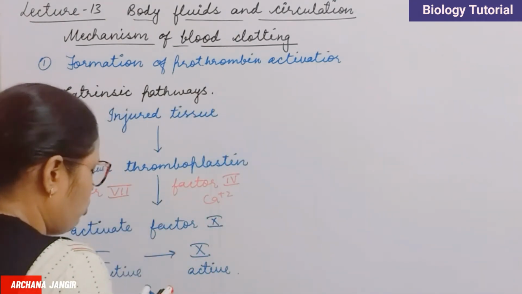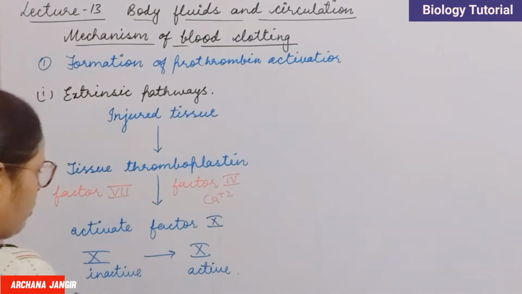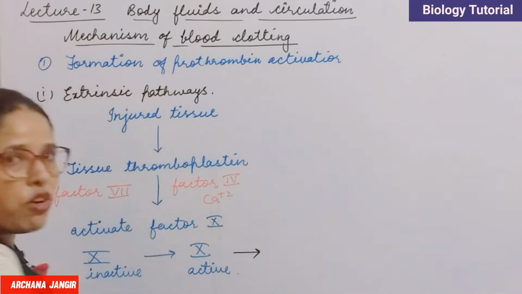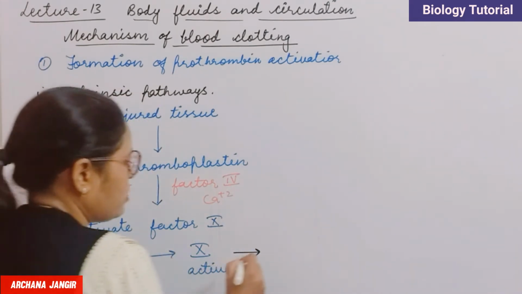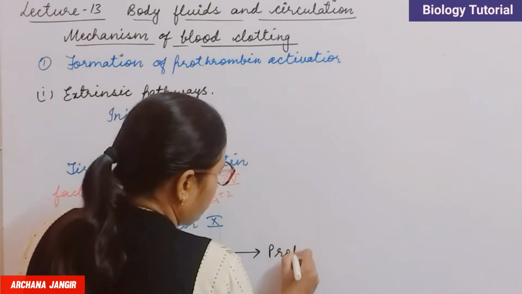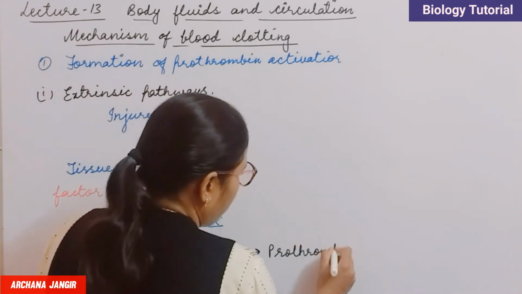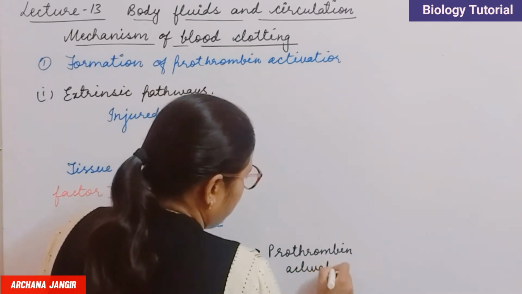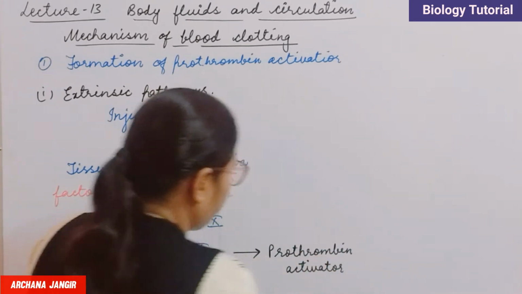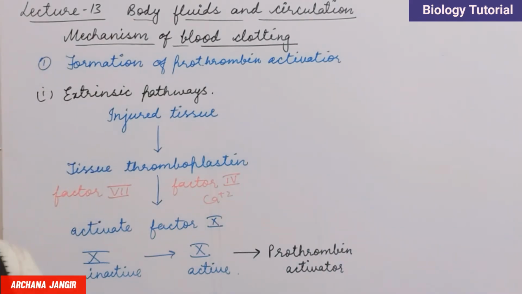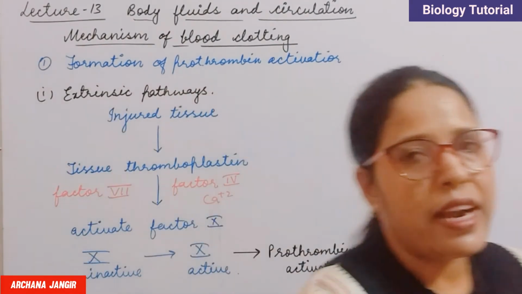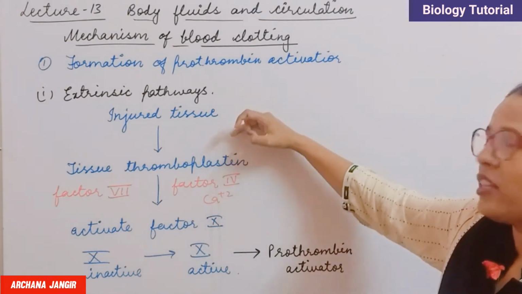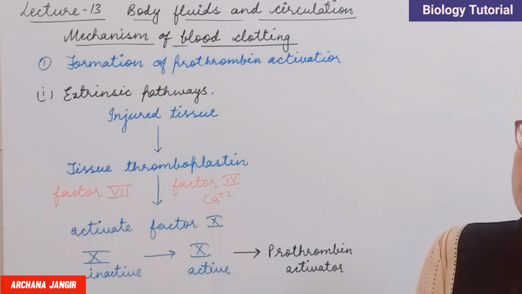So the next step is the formation of prothrombin activator. Clear? So this is the extrinsic pathway in which the prothrombin activator is formed. In this pathway the process starts from the injured tissues.